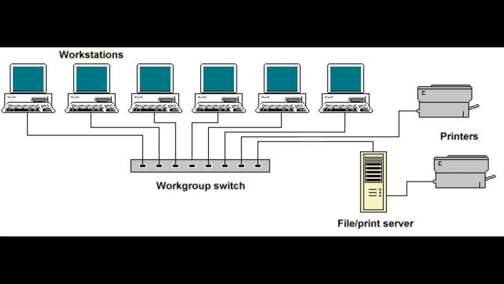Repeaters regenerate analog or digital signals that are distorted by transmission loss due to attenuation. A repeater does not make an intelligent decision about forwarding packets, and that is one disadvantage. It does not work like a switch. Switches are somewhat intelligent: they can understand which network path is free and pass the data through it. But a repeater is not like that.